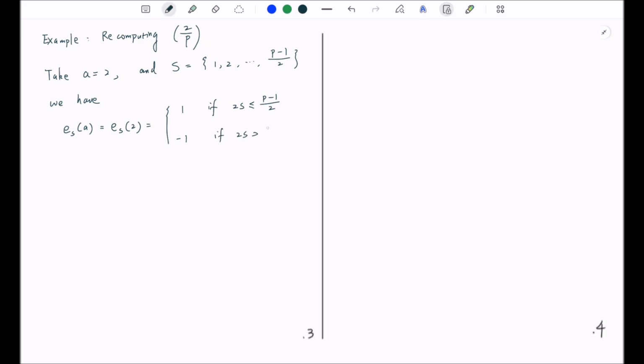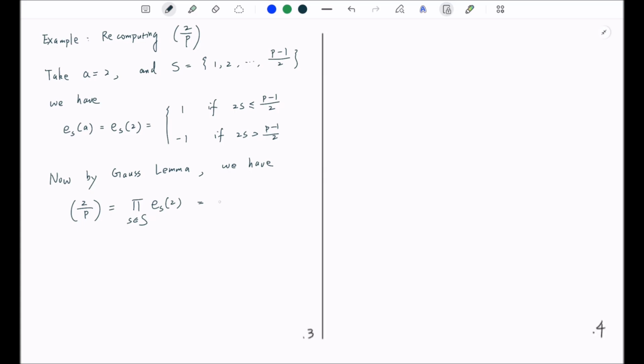And if 2s is bigger than (p-1)/2, then we get negative 1. Now by Gauss's Lemma, we have the Legendre symbol of 2 modulo p is the product of ε_s(2) for s ranging over capital S.